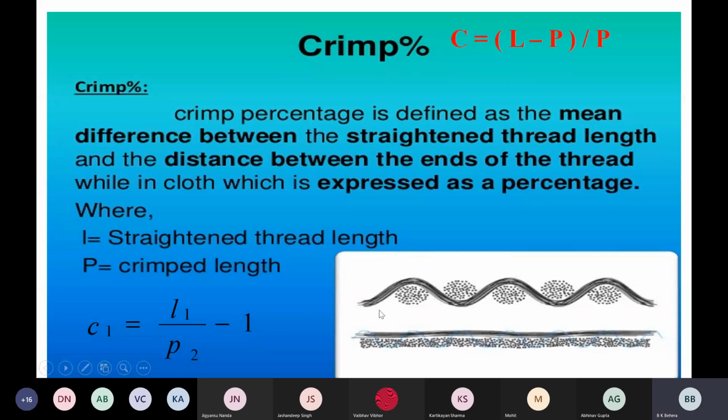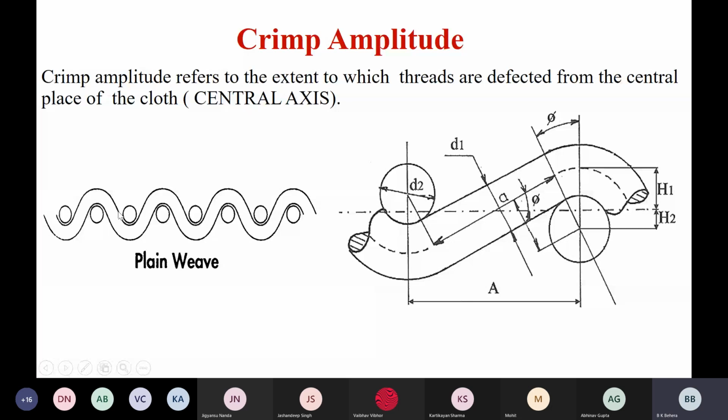Look at this. If there is crimp in the yarn of the fabric, and this crimp is larger and larger, and the fabric is loaded with a tensile load applied in the axial direction, then the load is ultimately applied to the yarn.